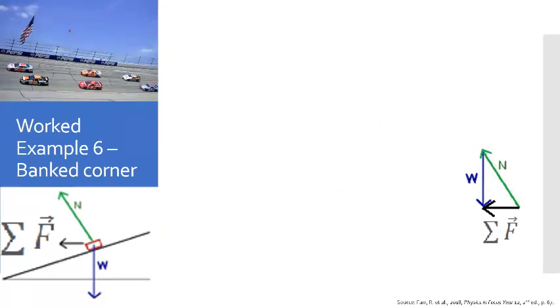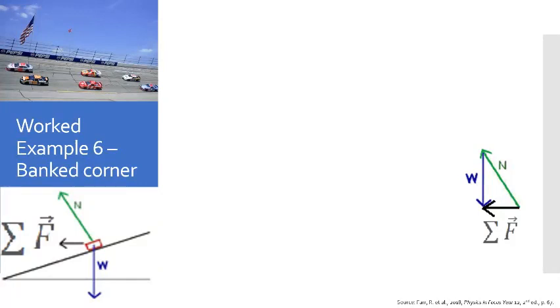Now, worked example 6 has to do with banked corners, and you can see a couple of diagrams here. The one on the left is a picture showing the forces where the weight of, in this case, a NASCAR is the blue arrow W downwards.